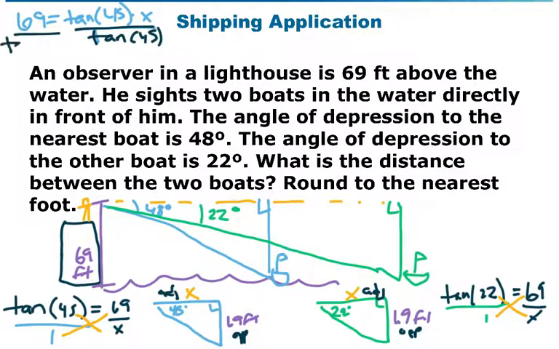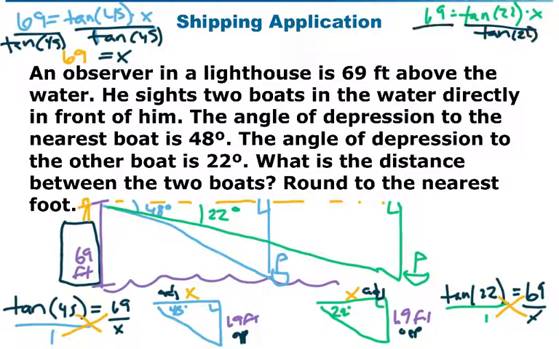So to get our x, we do tangent of 45 divided into 69, and we'll end up with an x value of 69, which makes it seem like it's not the right answer, but that's because tangent of 45 is actually 1. So that's our first one, but for the next one, again, we'll get 69 from 69 times 1, but then that's going to equal tangent of 22 times x, which again, we'll divide by the tangent, because it's just a digit.